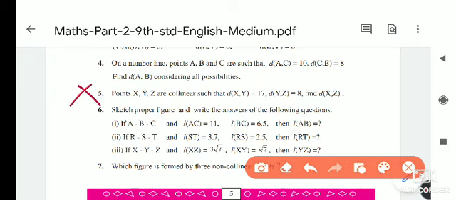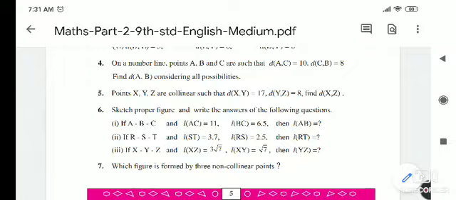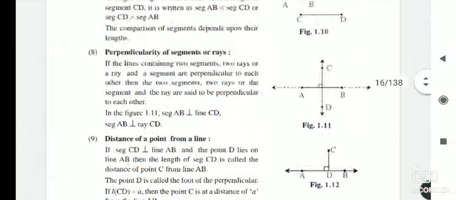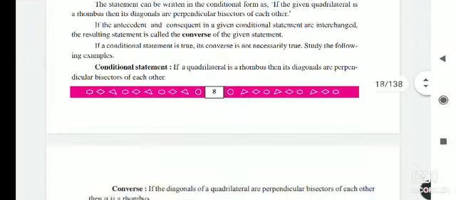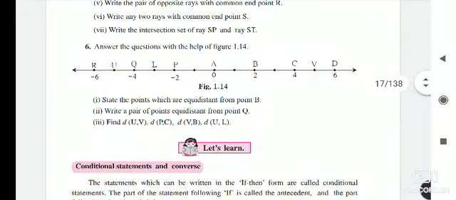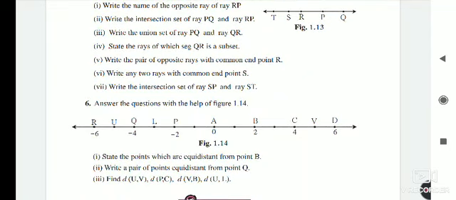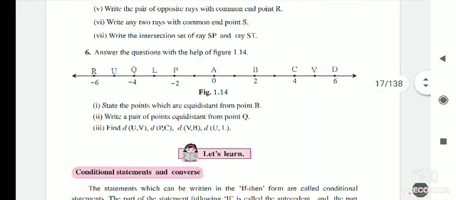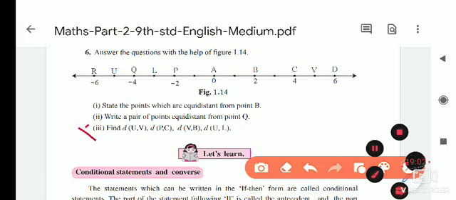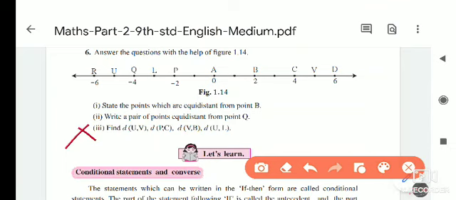Now after page number 5, just page number 8. Here it is page number 8, and from this page number 8, practice set number 1.2, inside question number 6, question number 3rd, only this 3rd one is cancelled from the syllabus.